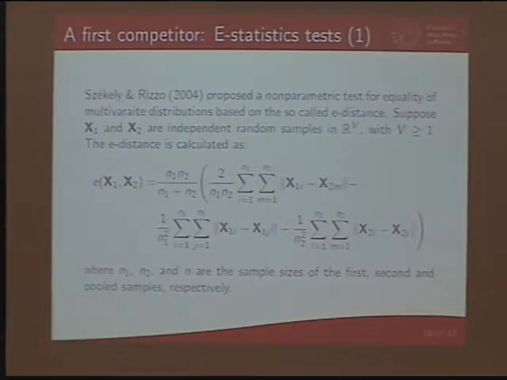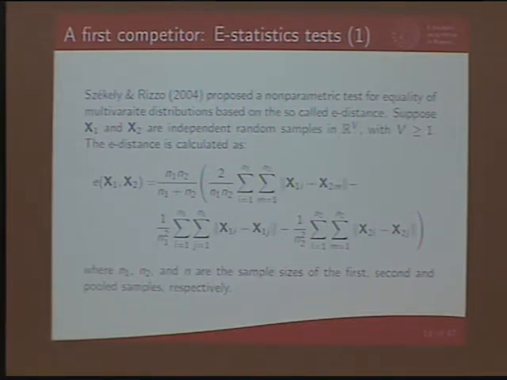So basically, if you have some hints, some suggestion of what we can also use, I would be really very happy to know. We found this possibility, this paper by Székely and Rizzo, that they call this test an energy distance test. Probably you might have heard about that.